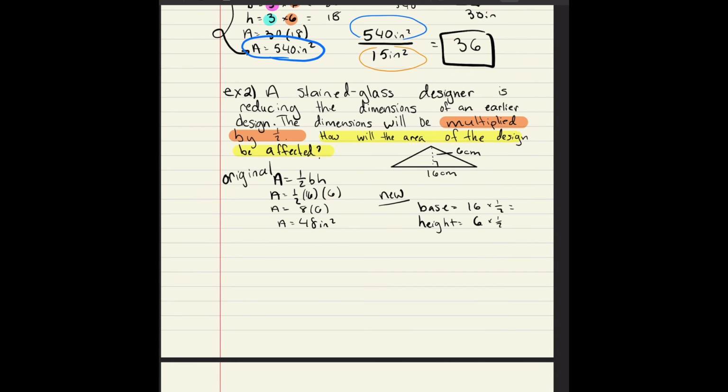I need to multiply both by a half. And multiplying by the half is the same as dividing by 2. So 16 times a half equals 8. And 6 times a half equals 3. So our new shape and new dimensions would be this. The height would be 3 centimeters. The base would be 8 centimeters.